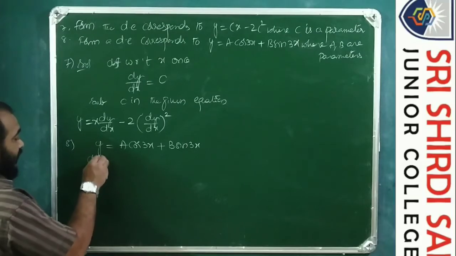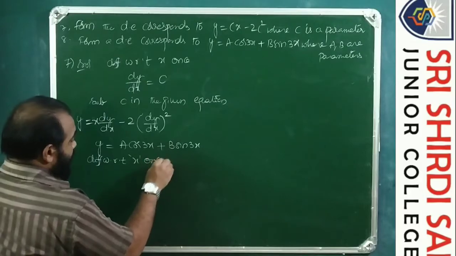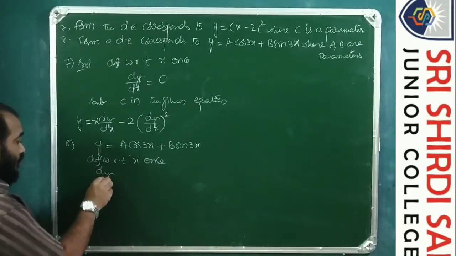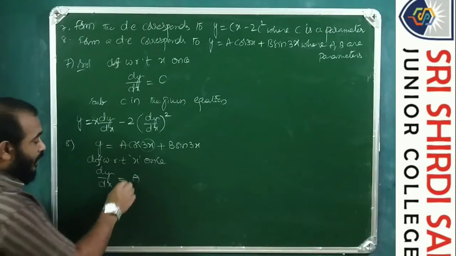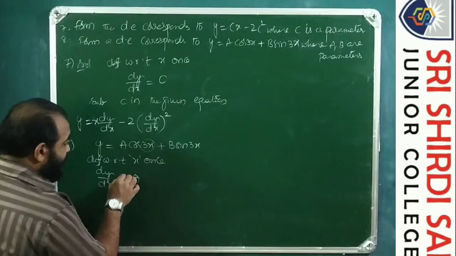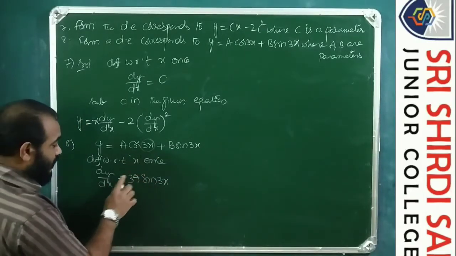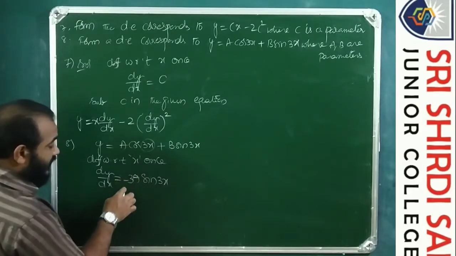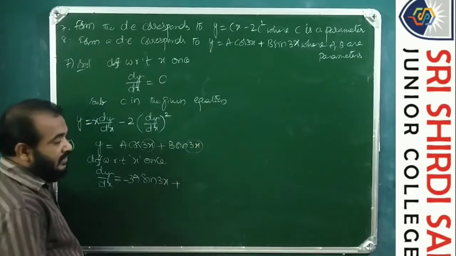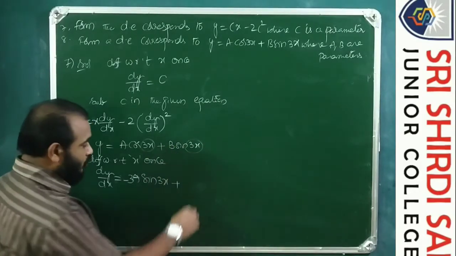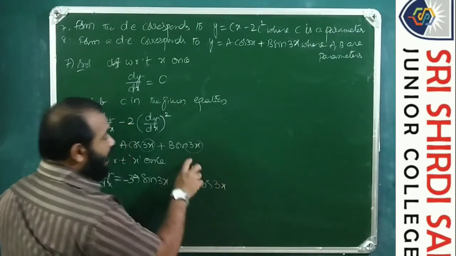So differentiating with respect to x once, dy/dx equals a into, let us suppose this to be x, cos x derivative is minus sin, so minus sin 3x into d/dx of 3x, which is 3. So this is minus 3a sin 3x plus, let us suppose this to be x, the derivative of sin x is cos x, so b into cos 3x into d/dx of 3x, which is 3.